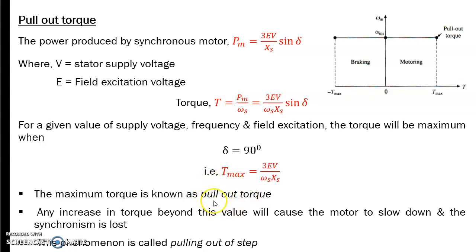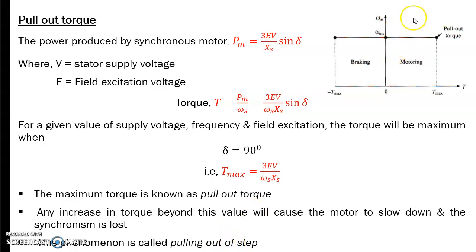Remember this word, pull-out torque is the maximum torque delivered by synchronous motor, that is corresponding to delta equal to 90 degree. Any increase in torque beyond this value will cause motor to slow down and synchronism is lost. This phenomenon is known as pulling out of step. Pulling out of step of a synchronous motor.